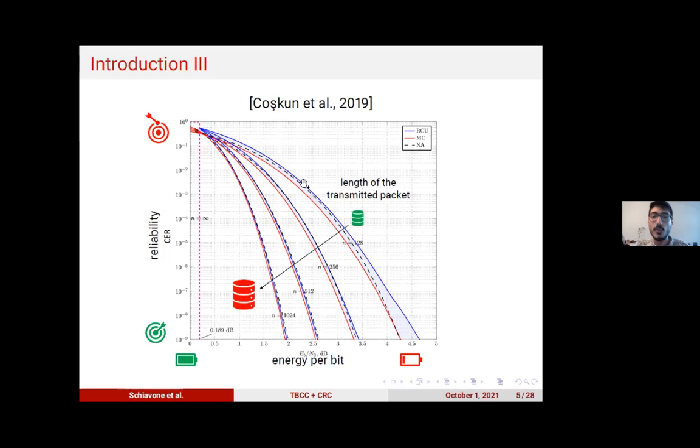The blue curve you see here is the random coding union bound, that is an achievable bound, and it means that we can achieve this performance. There exist some codes that can perform with these error correction performances, while the red one is the meta-converse bound, that is a lower bound, so we cannot do better than this at all.